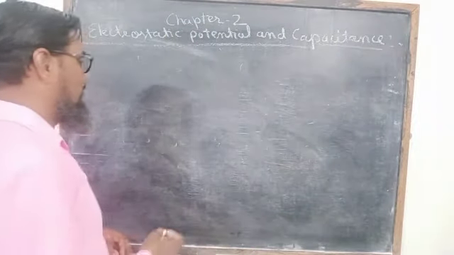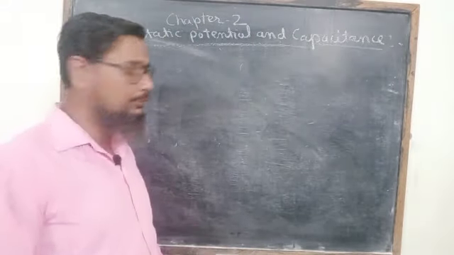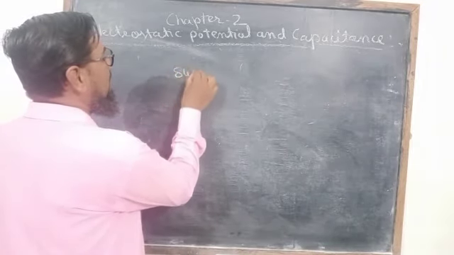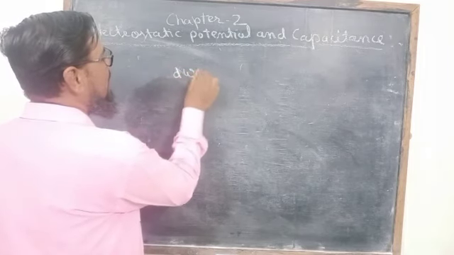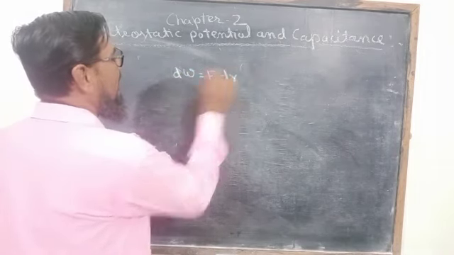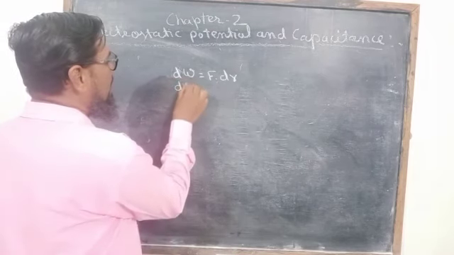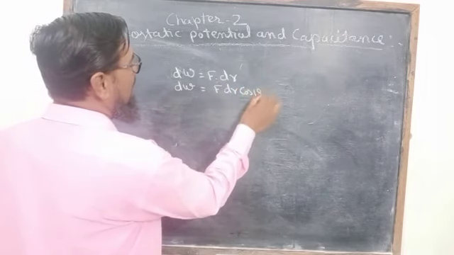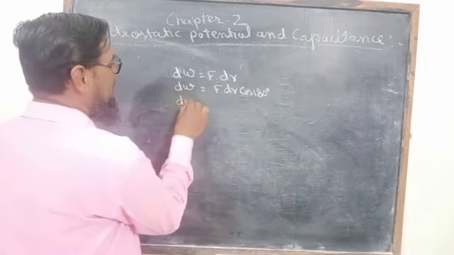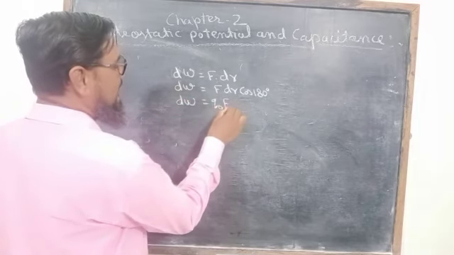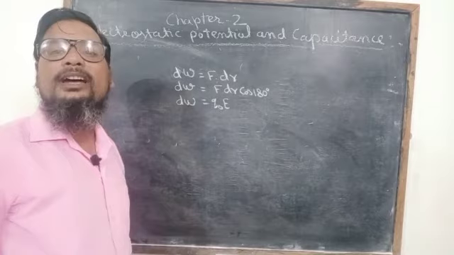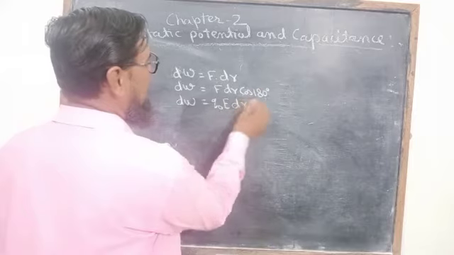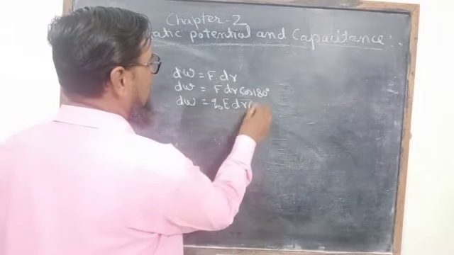One more point I want to discuss with you: we know that dW is equal to F dot dr, and I also know that dW is equal to F dr cos 180, or dW is equal to Q0 E dr cos 180, where E is the electric field intensity and Q0 is the test charge, and cos 180 has the value -1.